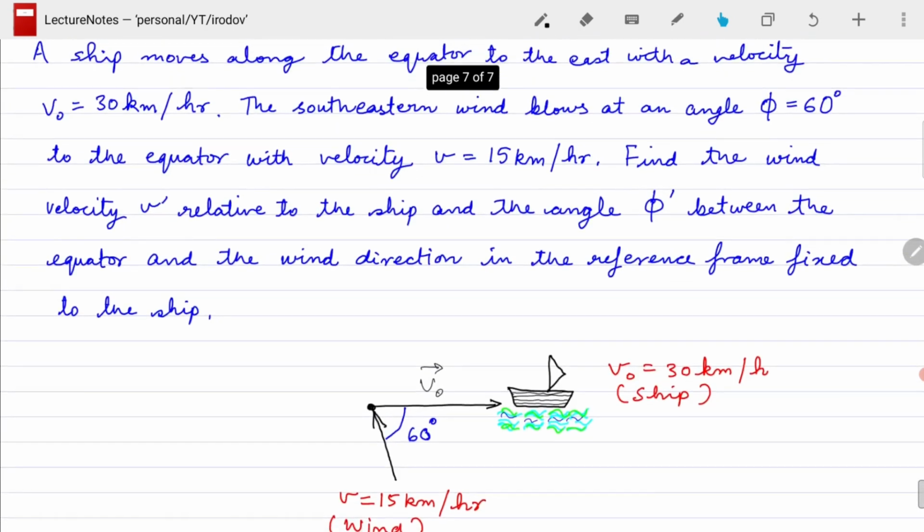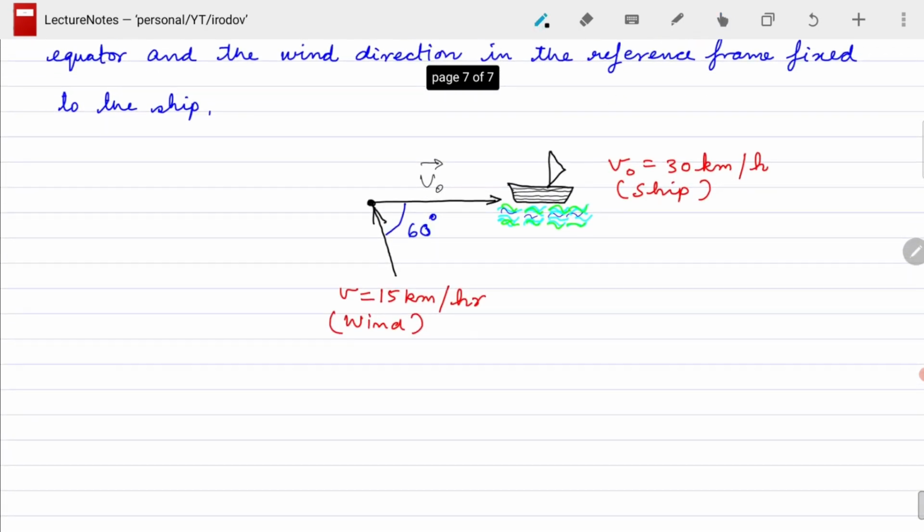A southeastern wind is a wind that is blowing from the southeast. So let's say this is north, this is east, this is west, and this is south. A southeastern wind would be coming from this direction.